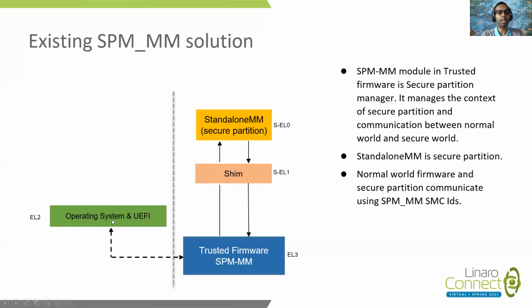On the normal world side, there is MM communicate, which is part of EDK II, and the normal world firmware and the secure partition communicate using MM interface IDs. The current solution looks like how it is shown in this picture.